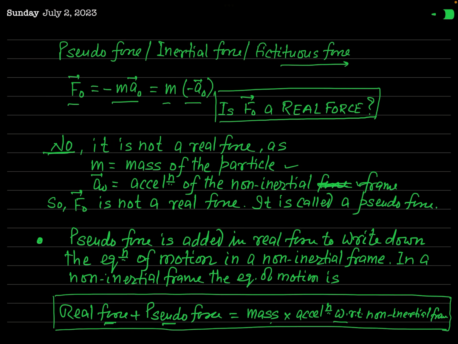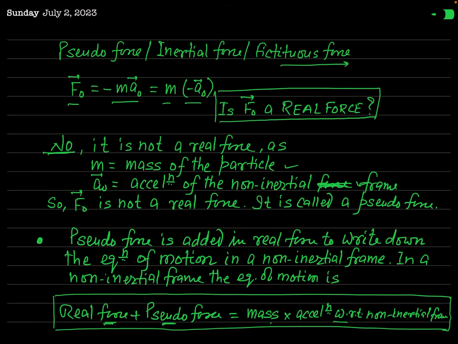This is the equation of motion. So in an inertial frame, real force equals mass of the particle into acceleration of the particle in that frame. But in a non-inertial frame, the equation of motion will be real force plus pseudo force, equal to mass into acceleration of the particle with respect to the non-inertial frame.